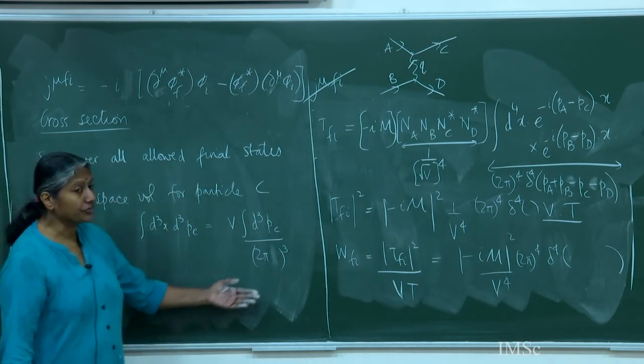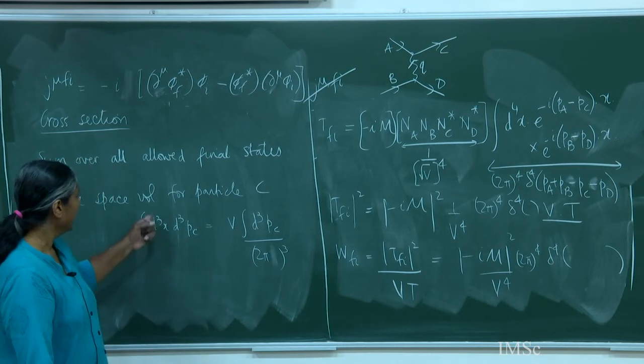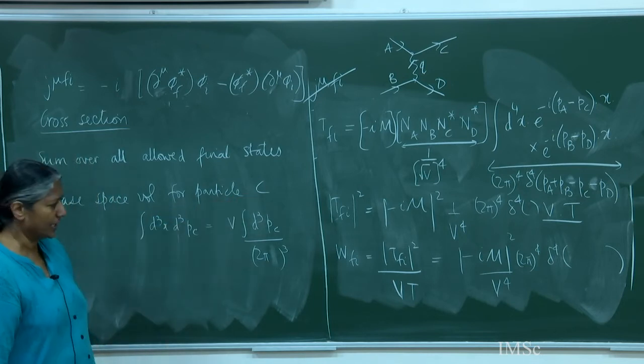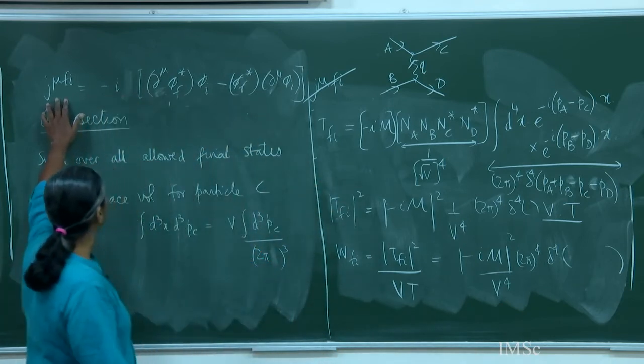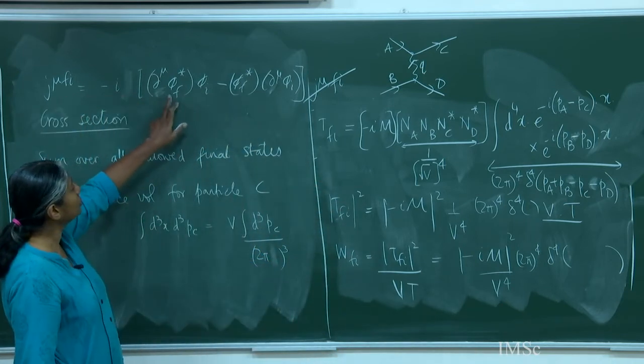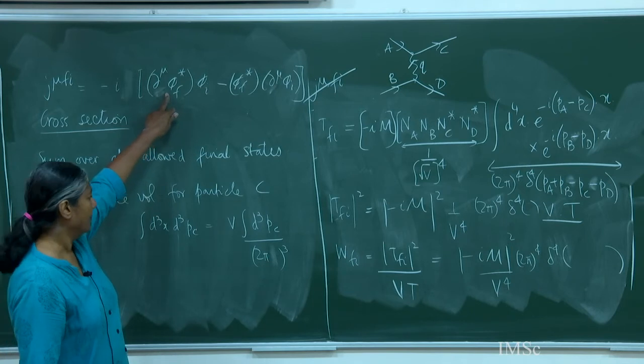This gives me the number of states available for C, particle C to scatter into, but I remember that because of this definition of J mu, I have normalized to 2E states per unit volume.